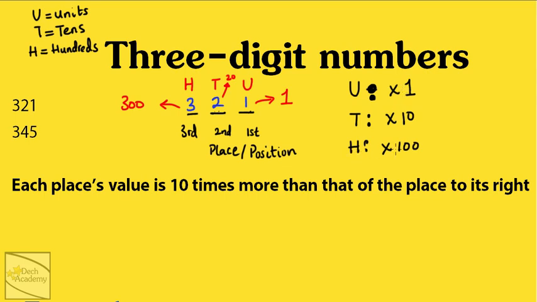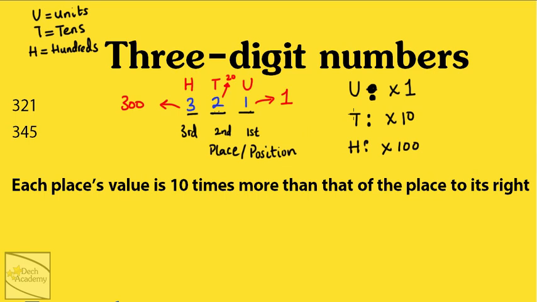In the hundreds place, you multiply the digit by 100, which is 10 times more than what you multiply a digit in the tens place. You don't really need to understand it from that fashion, because what you really require to do is find the value of digits in certain places. If you can multiply 1 by 1, if you can multiply 2 by 10, if you can multiply 3 by 100, if you can do that, then you understand what you need for this video.